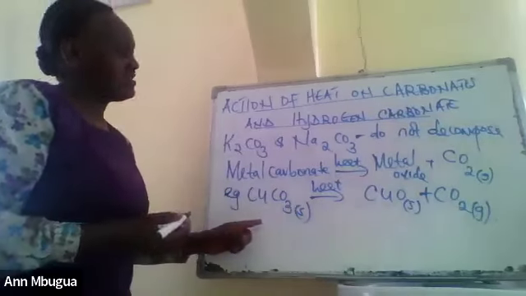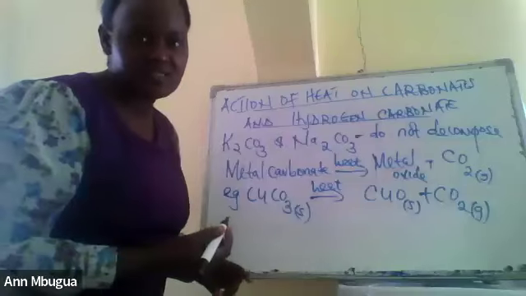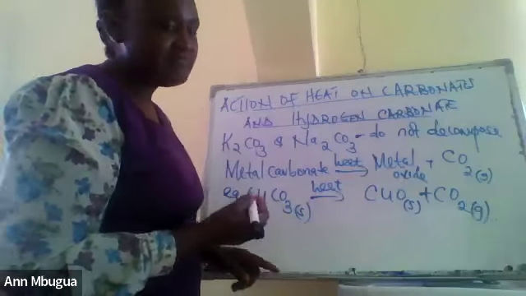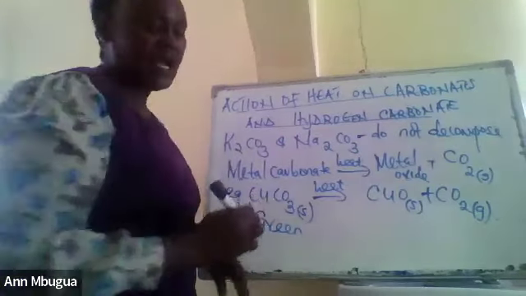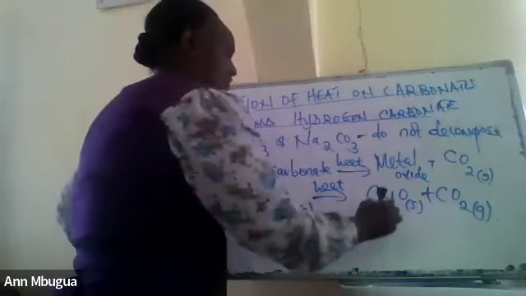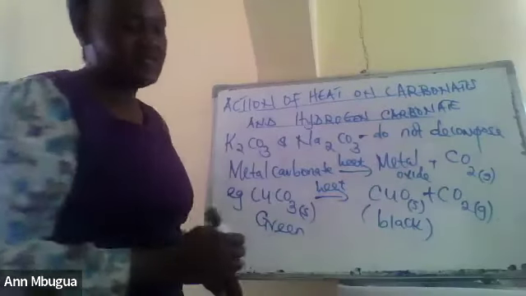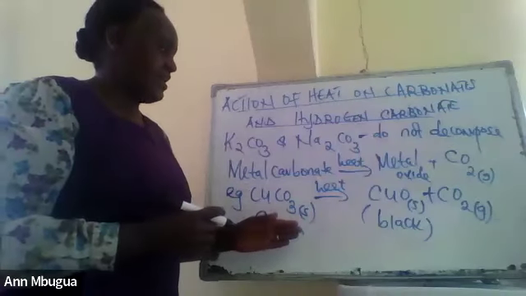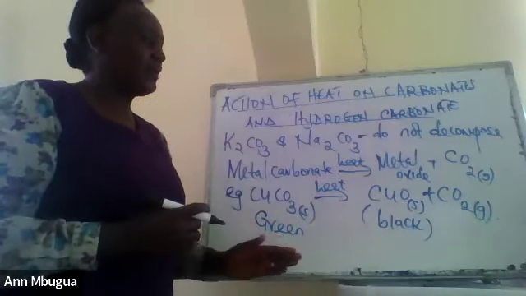In this case, the examiner always tests on the color changes, and especially on the flow diagram. The copper 2 carbonate is green, copper 2 oxide is black in color. So these are the areas the examiner will draw a diagram. We are going to see one.